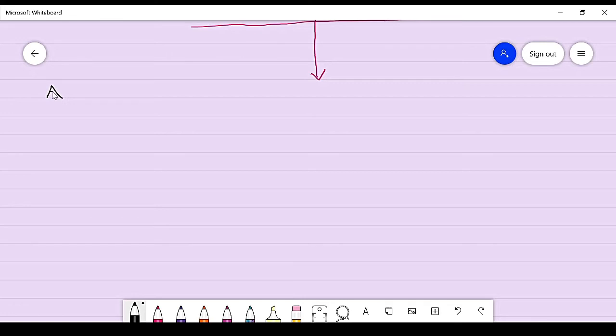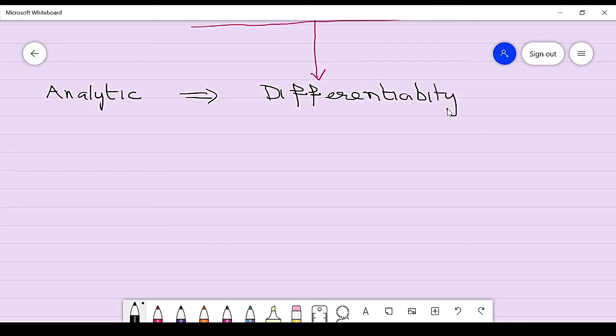So this is the relation between analytic and differentiability.